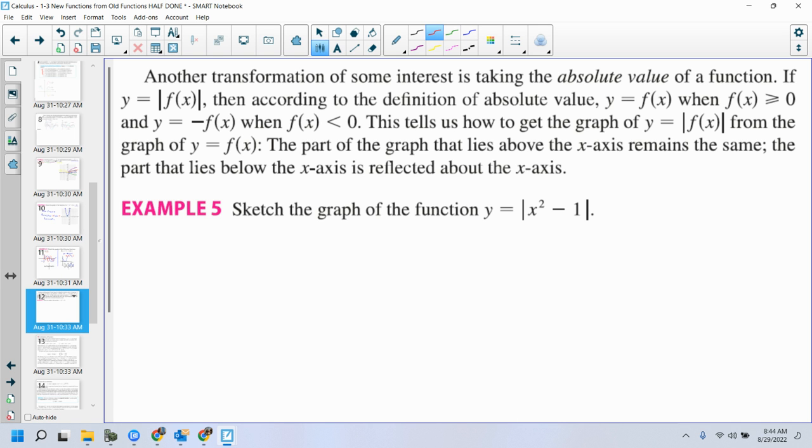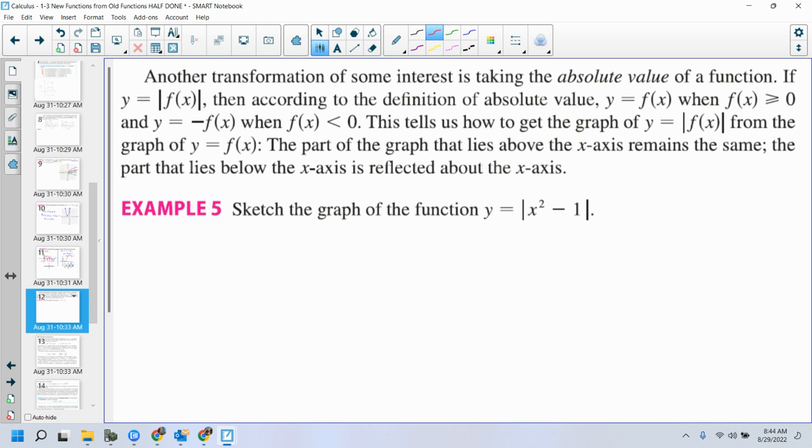Another transformation of some interest is taking the absolute value of a function. We never really talked about it as being a transformation, but taking the absolute value of something is actually going to make it look kind of cool, in my opinion. So what's actually going to happen?